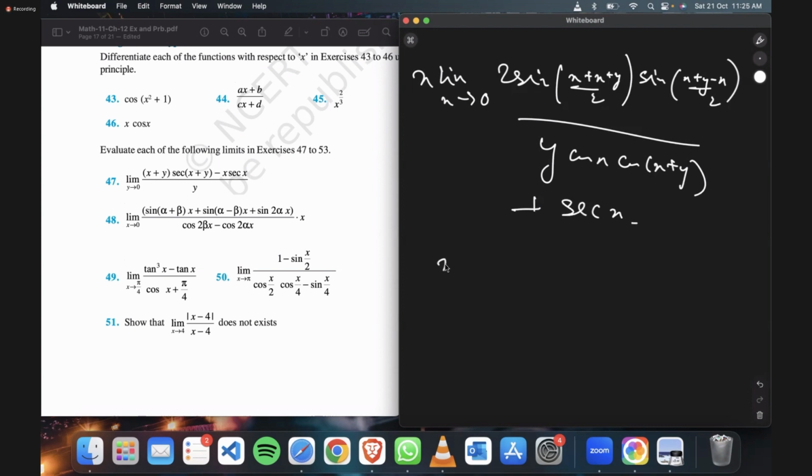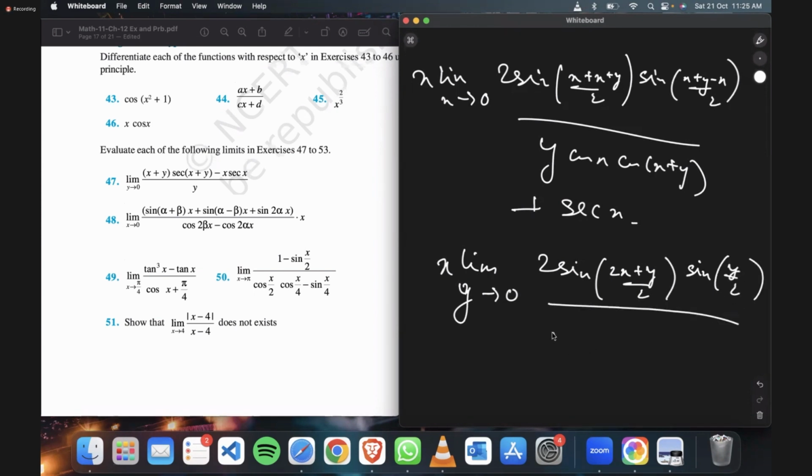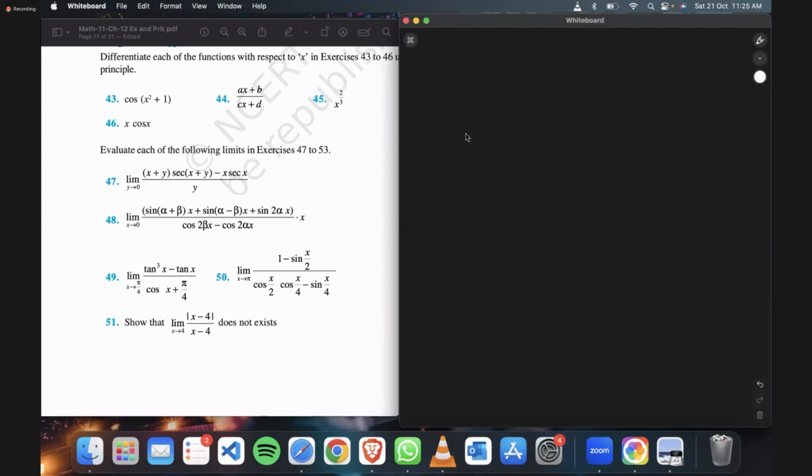So x times limit y tends to 0 of 2 sin((2x+y)/2) and sin(y/2). In the denominator we have cos x and cos(x+y), and a y by 2. If I ignore the 2 up here, I can write this as sin(y/2) divided by y/2 with limit y tends to 0. That will return a 1.